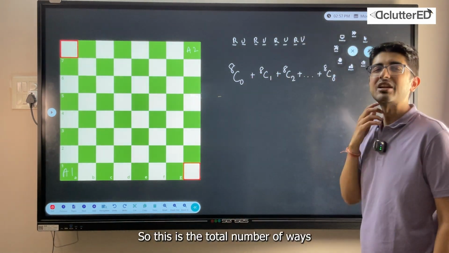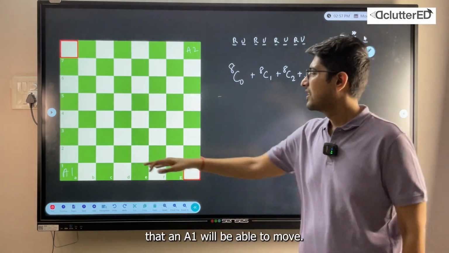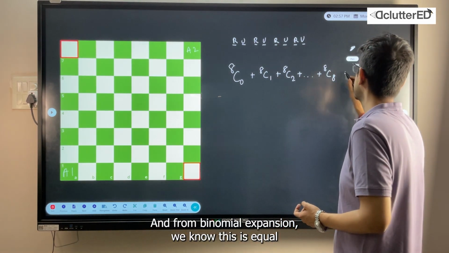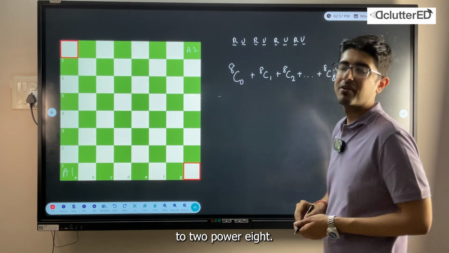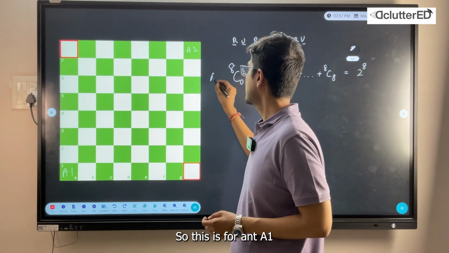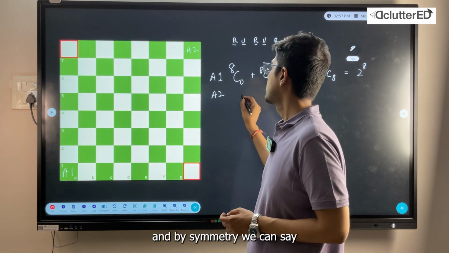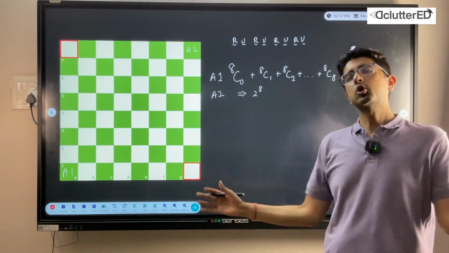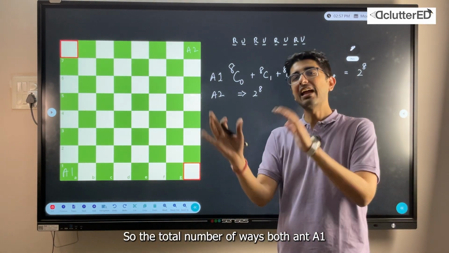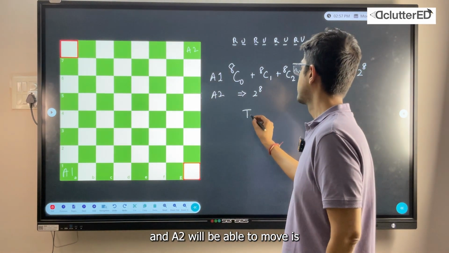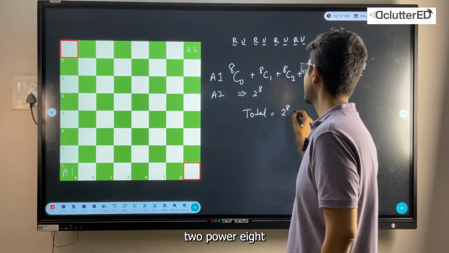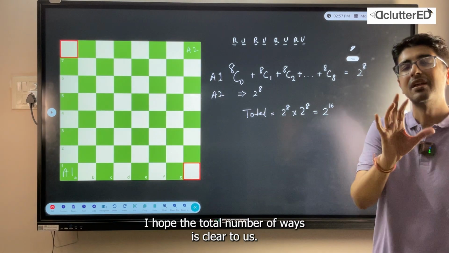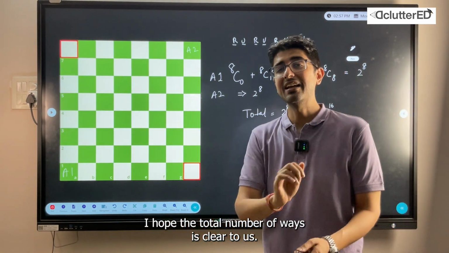So this is the total number of ways that ant A1 will be able to move, and from binomial expansion we know this is equal to 2 power 8. So this is for ant A1, and by symmetry ant A2 is also 2 power 8. So the total number of ways both ant A1 and A2 will be able to move is 2 power 8 into 2 power 8, which is 2 power 16. I hope the total number of ways is clear to us.